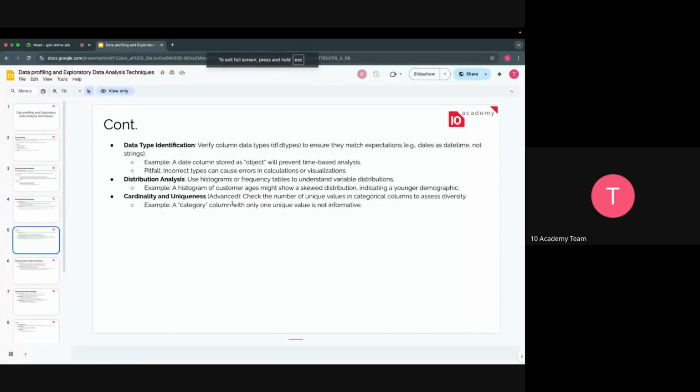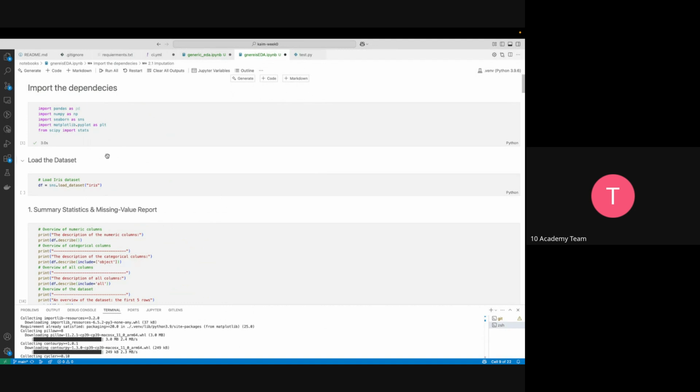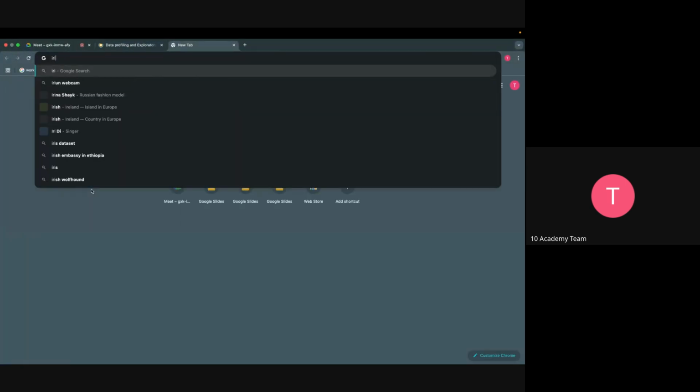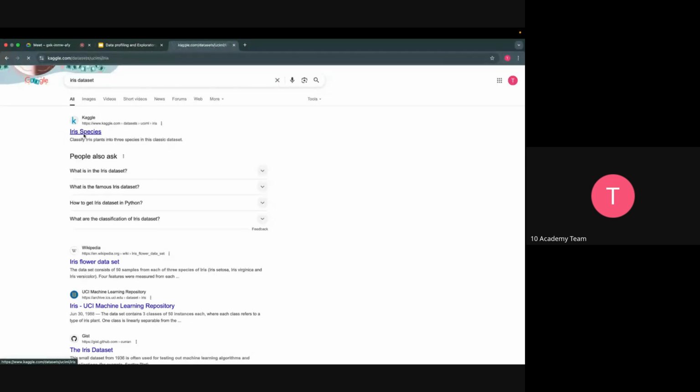Okay, as we have discussed, let me go to the example and take a look. Here I have chosen to work with the Iris dataset. You can take a look at the dataset, what it means, what it represents.